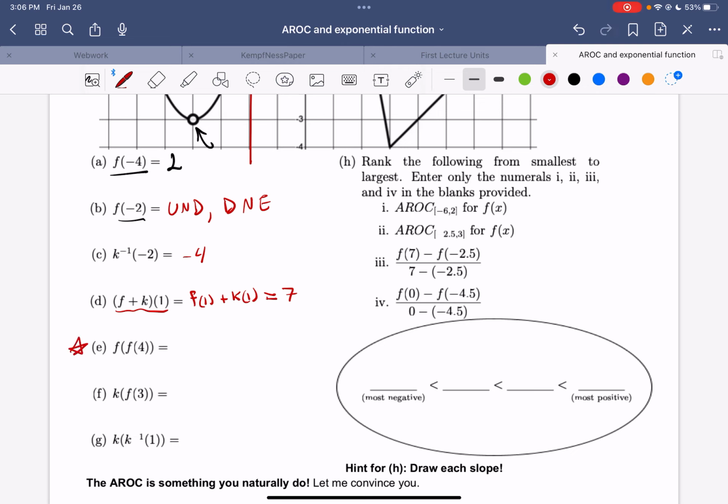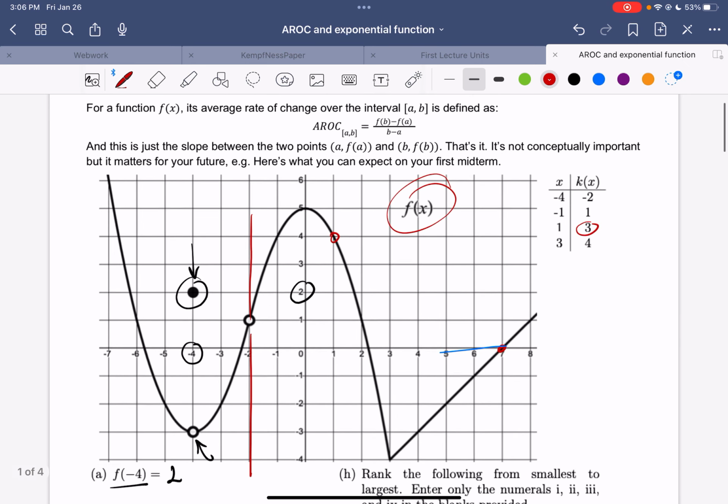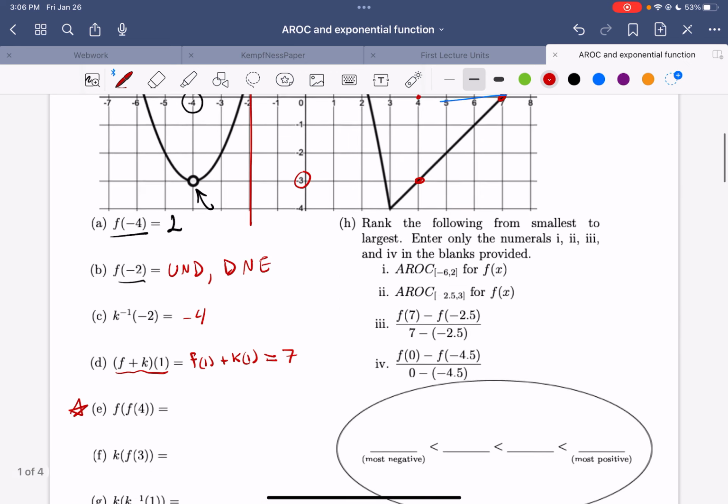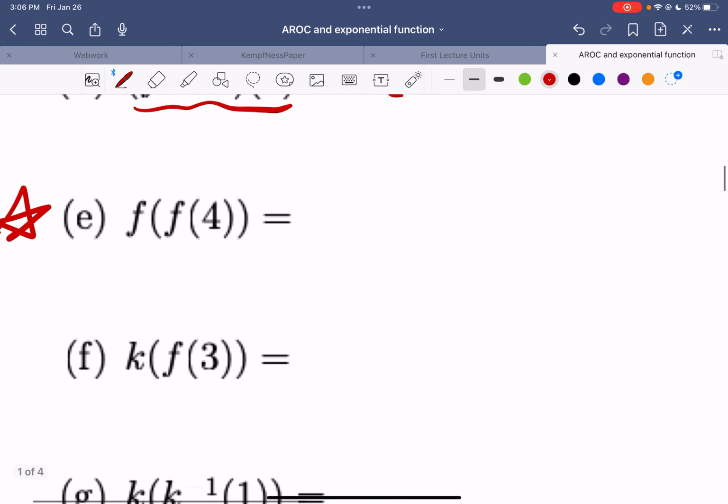All right, I like this question. F of 4. So f of 4, here's 4. F of 4 is negative 3, okay? So what we just figured out from the graph is that f of 4 is equal to negative 3, okay? So right here, where it says f of 4, that's actually the number negative 3.